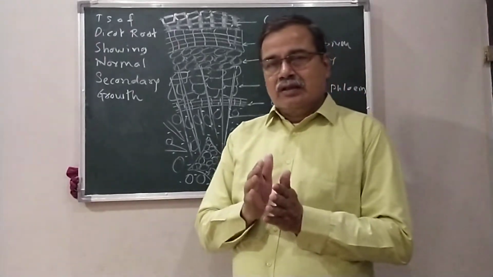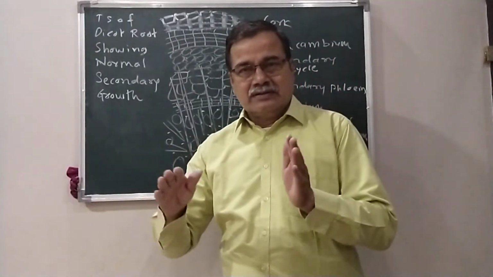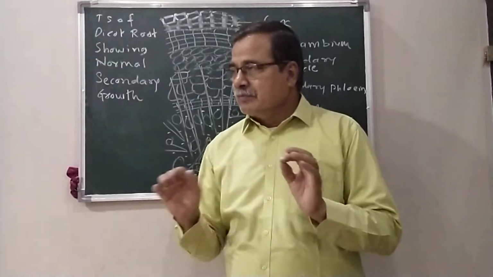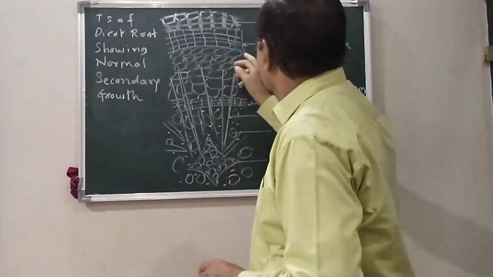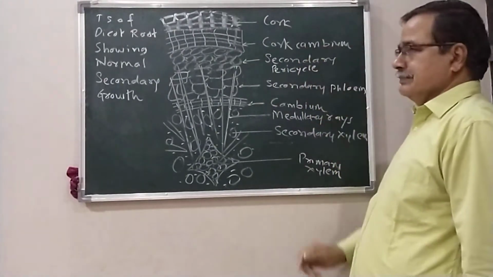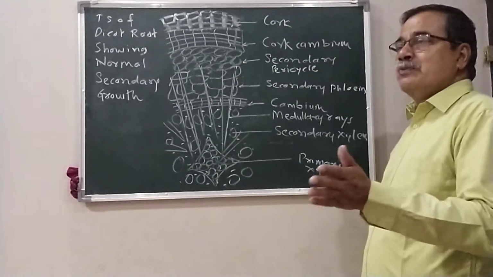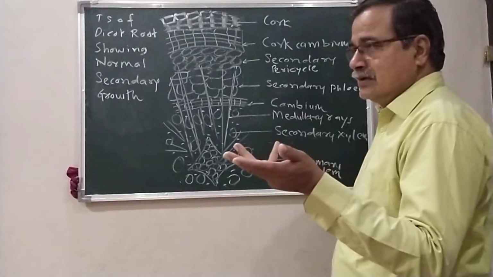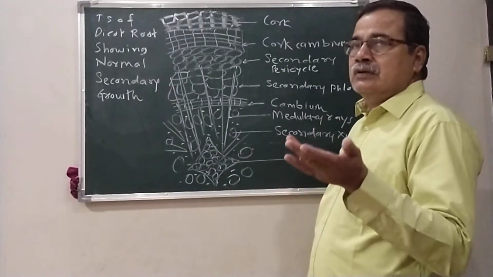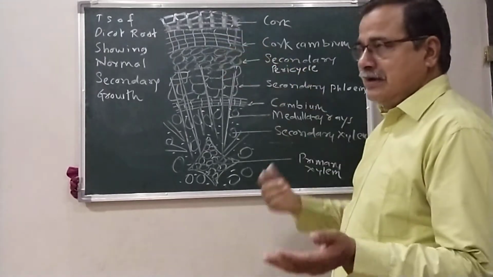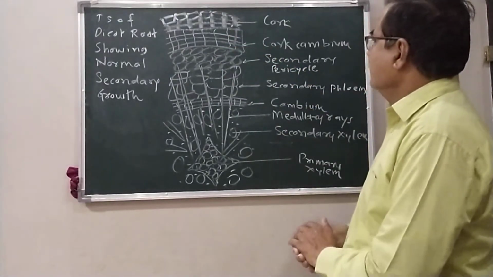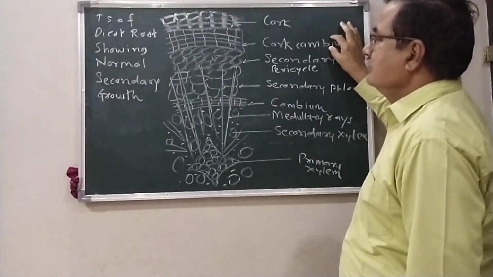At that time, the cortex and epidermis rupture or burst open, and cork cambium forms. Parenchymatous living tissues are present in the cortical region. They become active, and due to this activity they form a cambium.